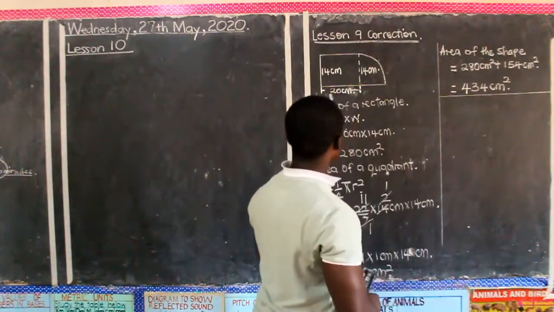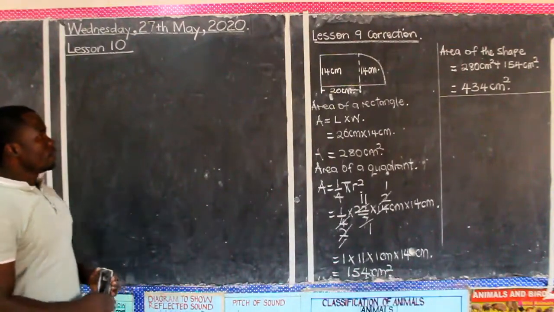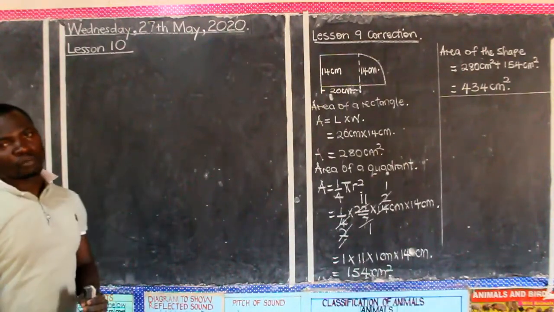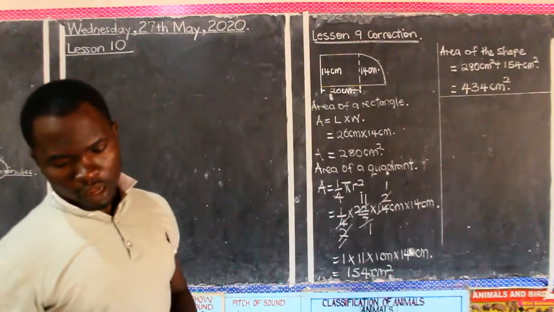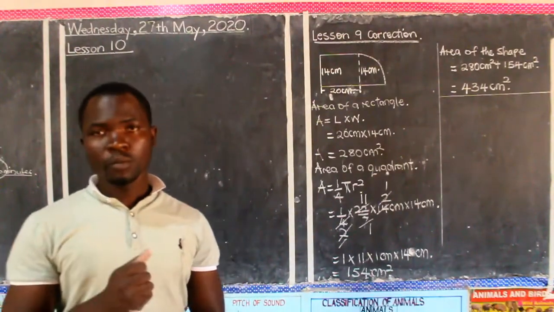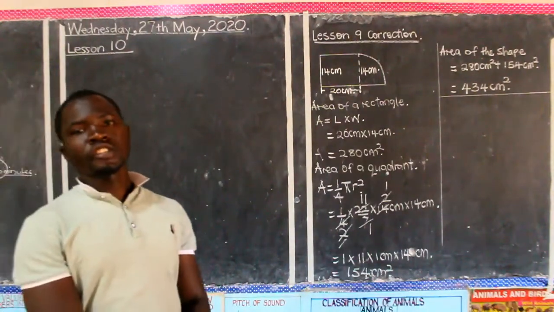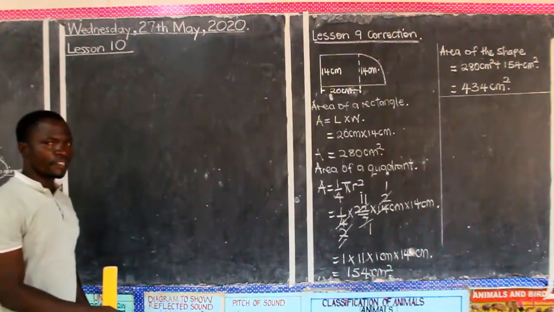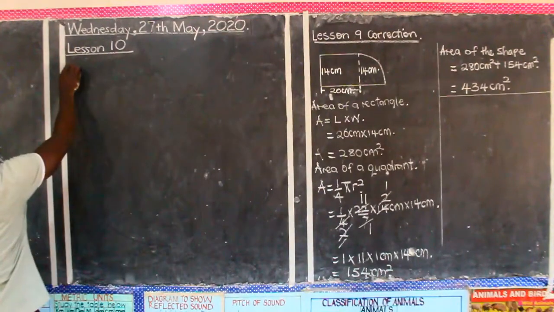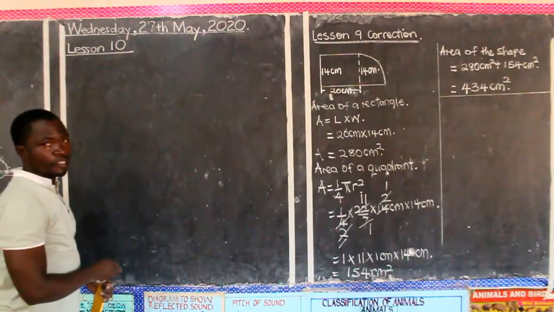Now, today we are going to look at something else. And now our subheading for today is finding the area of the shaded parts. And today's lesson is lesson 10.